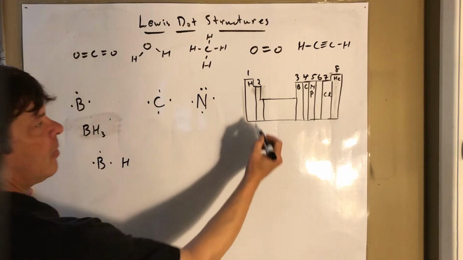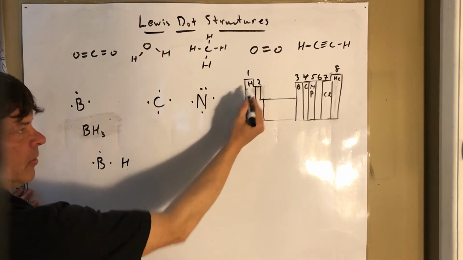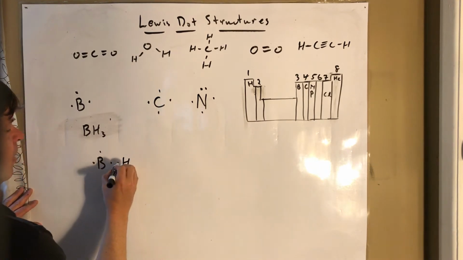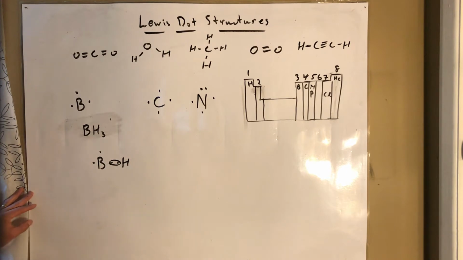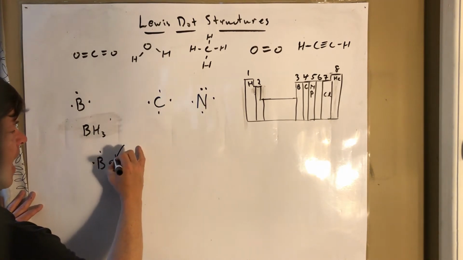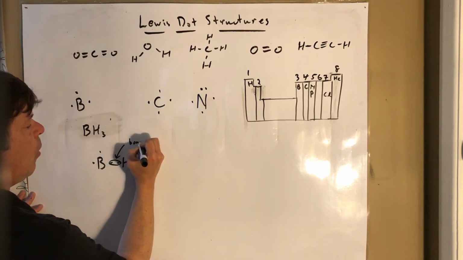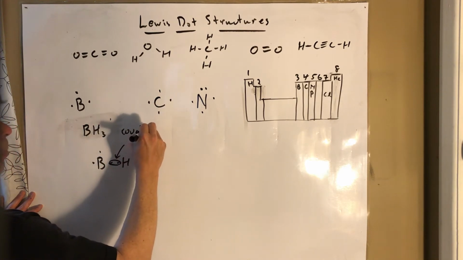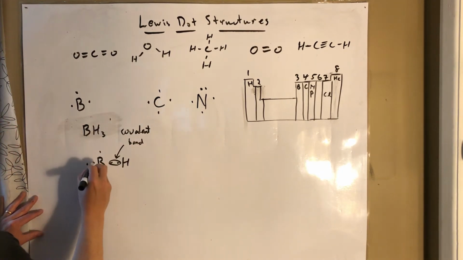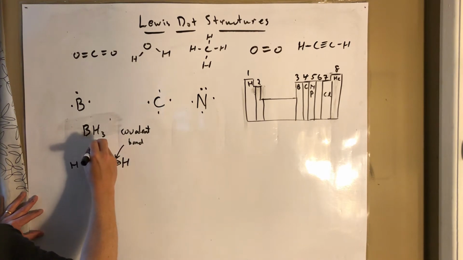Hydrogen, how many valence electrons does hydrogen have? It just has 1 electron. And then what we do is we lasso those electrons up. That's what we do initially. And that is a bond. That's a covalent bond. We can have a bond here, and we have a bond here.